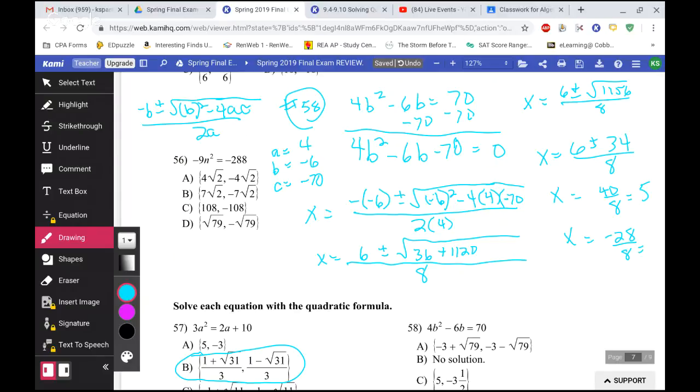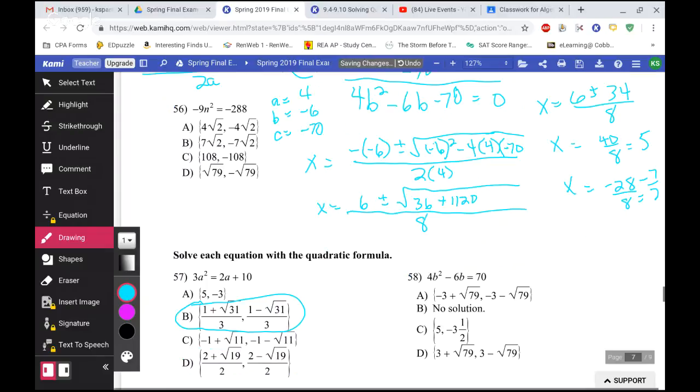And this reduces to negative 7 over 2. Which negative 7 over 2 is this guy right here.